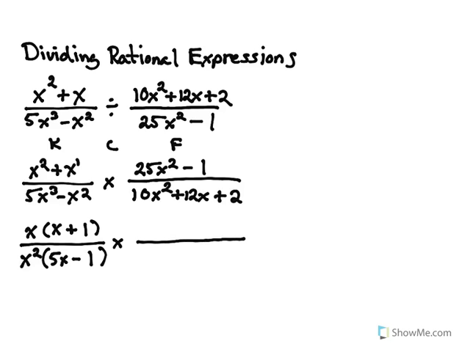The upper right-hand fraction, the numerator, is a difference of 2 perfect squares, because 25x squared is a perfect square, and so is 1. Perfect squares are quantities that are multiplied by themselves. So 5x times 5x will give me 25x squared.